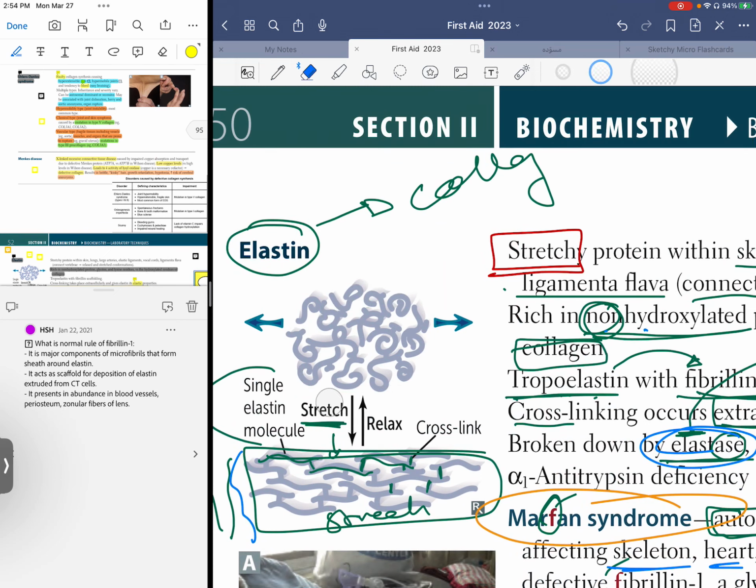So over here, we could imagine there is a sheath surrounding each one of those elastin fibers, and it's made of fibrillin 1, okay? It acts as a scaffold for deposition of elastin extruded from connective tissue cells. It is present in abundance in blood vessels, periosteum, and zonular fibers of the lens.